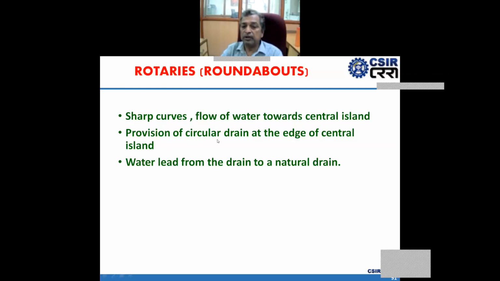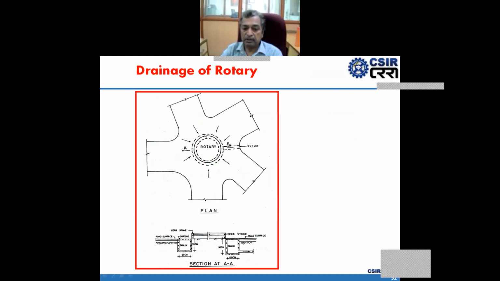Provision of circular drain at the edge of central island. Water lead from the drain to a natural drain. So you'll see this is the rotary and this is the outlet, and drain around the rotary should be provided. At least one lead should be provided for outlet of that.